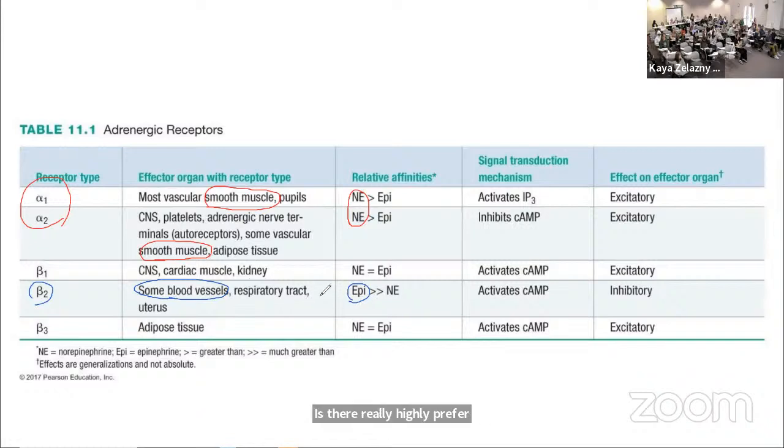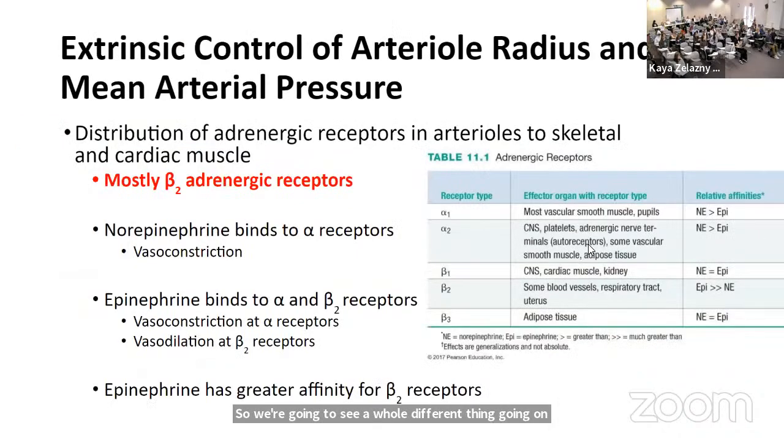So that's already a different pathway we're reacting to, with that hormone there. And we know that those beta-2 receptors are inhibiting our effector organs. So we're going to see a whole different thing going on when we get to that piece. This is kind of why we looked at this stuff before.